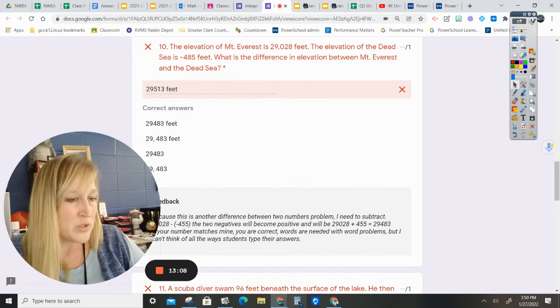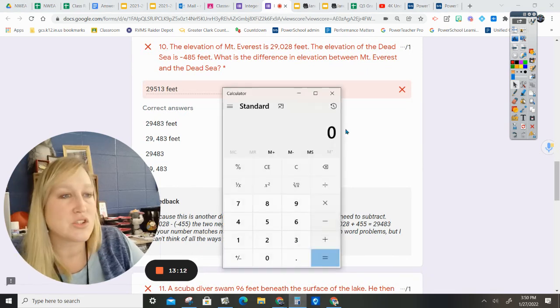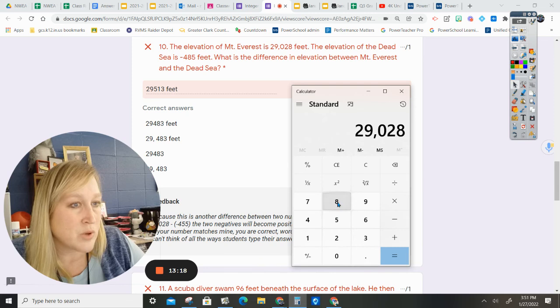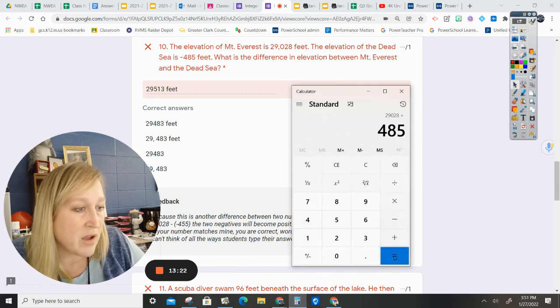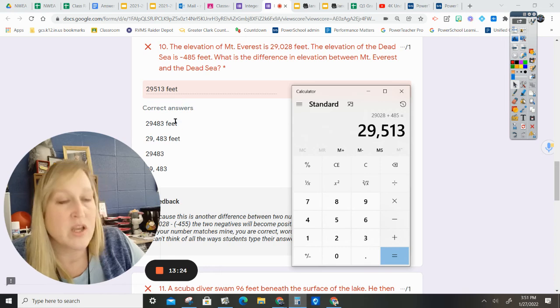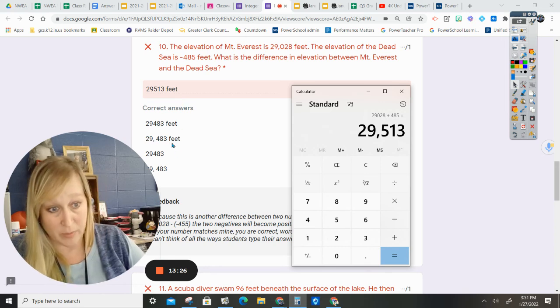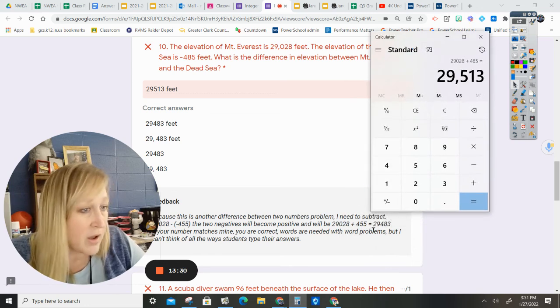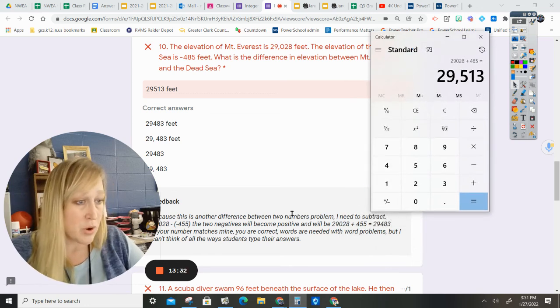This one, I'm going to open up my calculator and see if I did some calculations wrong. So let's just see. 29,028 plus 485 equals 29,513. So it looks like I need to go back and address this. Yeah, I just did math wrong somewhere in my original problem.